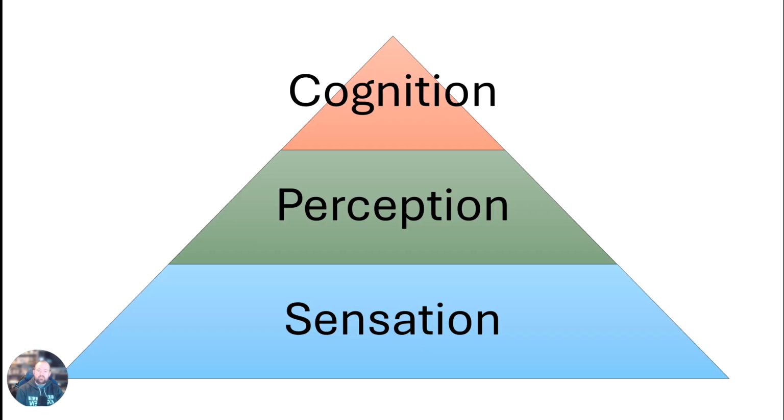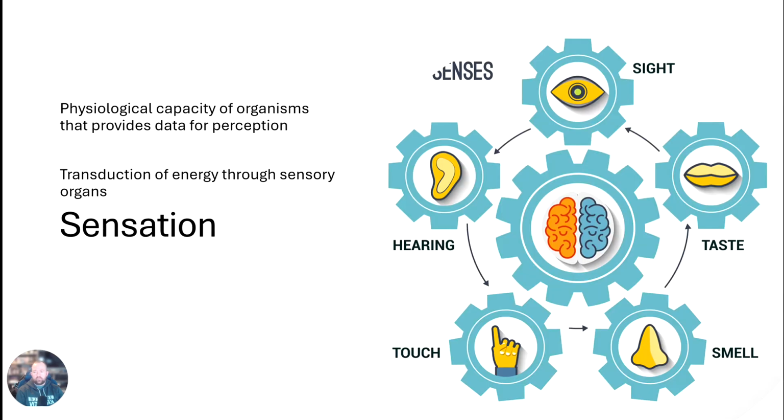So we're going to step through sensation, then perception, and end up in cognition. This is a good way of understanding the hierarchy of the neural networks that we deal with. Sensation is our five senses. It is the physiological capacity that allows us to collect environmental data that then can be perceived.